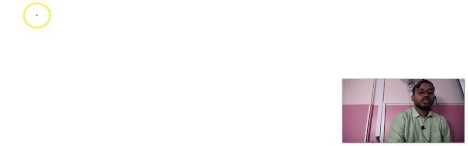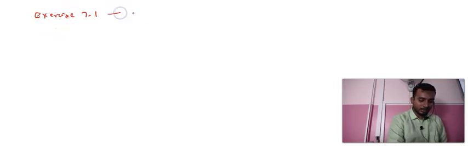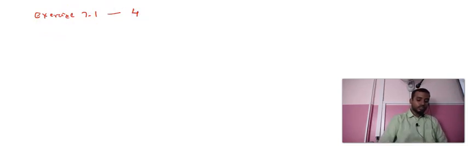After that, the next very important question of this topic is question number 4, same exercise, exercise 7.1. Check whether 5, minus 2, 6, 4 and 7, minus 2 are the vertices of an isosceles triangle.